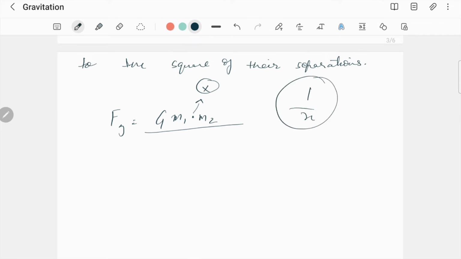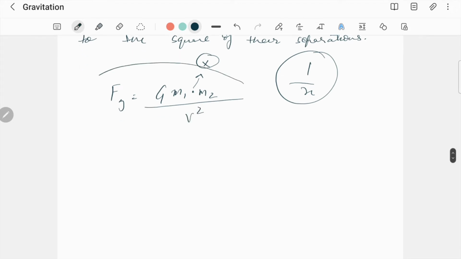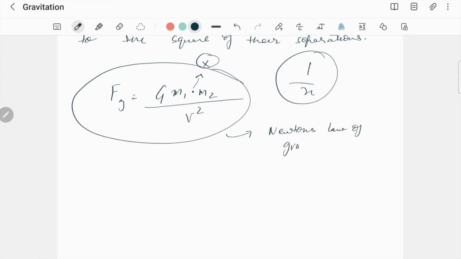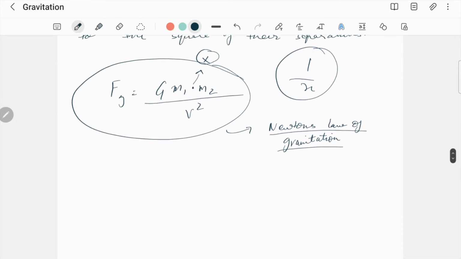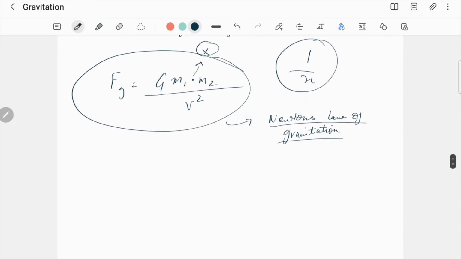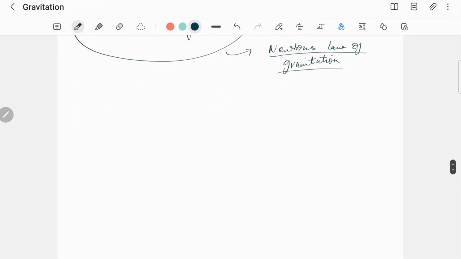And inversely proportional, remember the inverse relation, inversely proportional to the square of their separation. This, students, is Newton's law of gravitation represented through symbols. Realize how easy it is to communicate theories and ideas just through symbols.